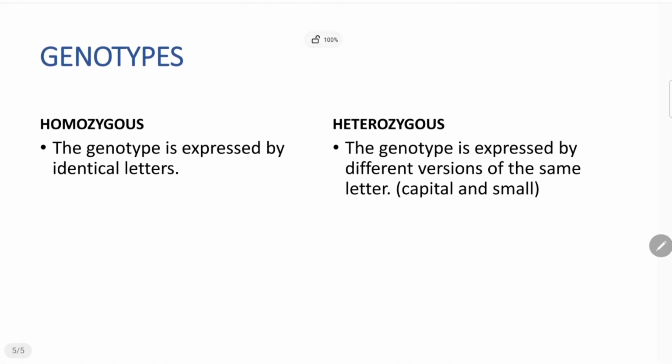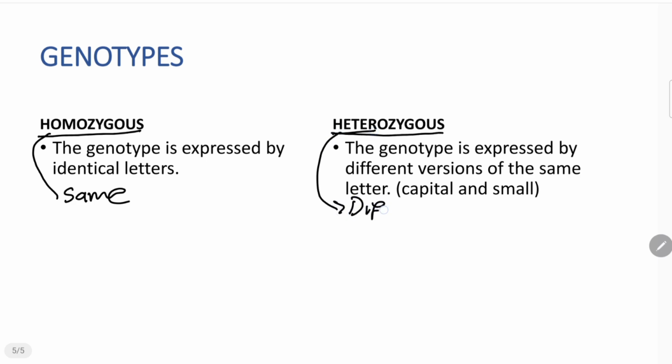Let's continue. Now, a genotype can be what we call homozygous, or a genotype can be what we call heterozygous. What does homozygous mean? The word homo simply means same, and the word hetero simply means different.